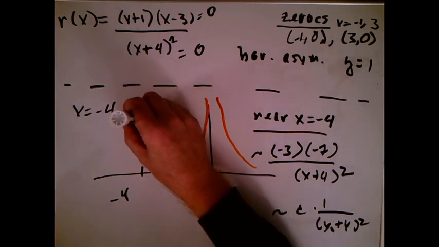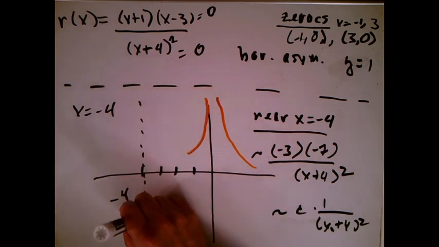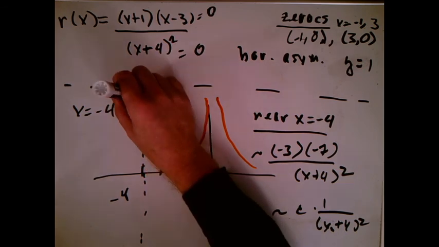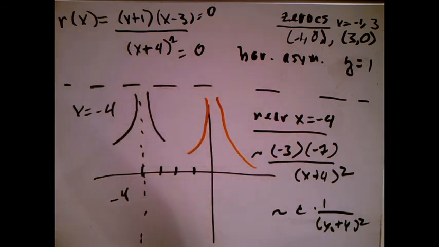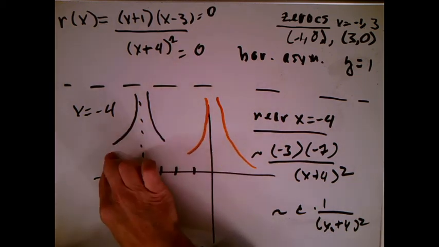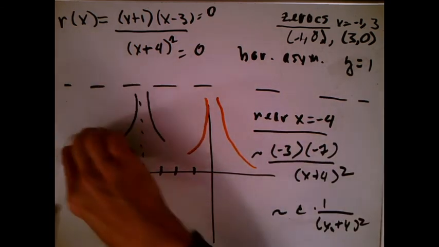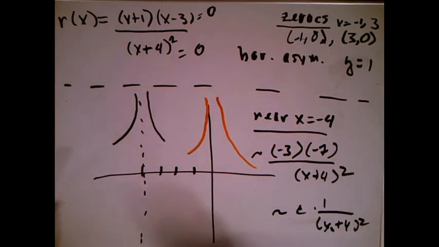So I'm going to go like this, and like this. That's the only part of the graph I'm actually putting in yet. And once I know I have this and this, I'm going to erase everything that's not this and this, and I'm going to try to put all of these other things back in and see if we can get a graph.